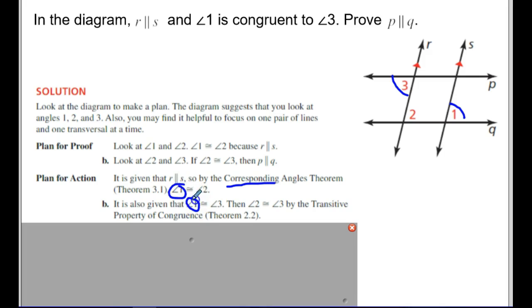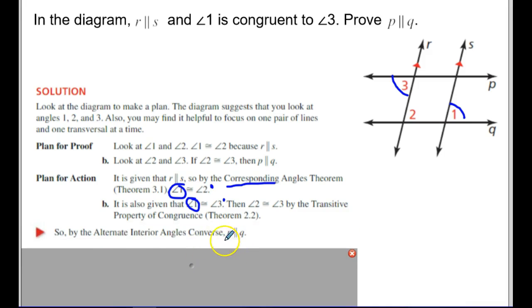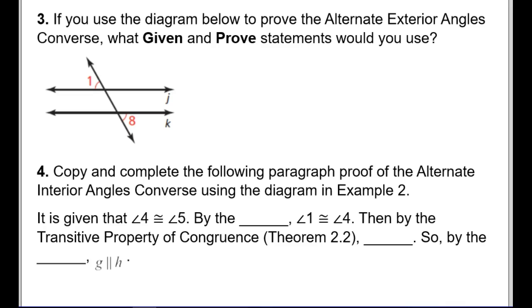Since angle 1 is in both of these, I know that these two can also be said to be congruent by the transitive property. So I can use my alternate interior angles converse to prove that P and Q are parallel. Look at these, see what you can do with these problems, see how you think through them.